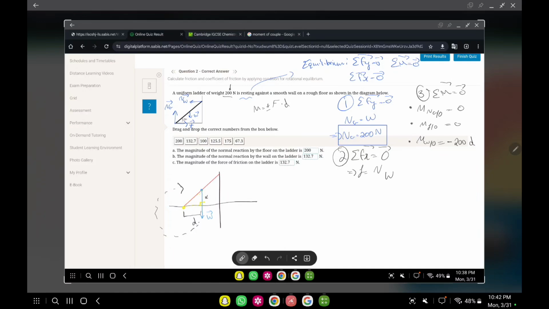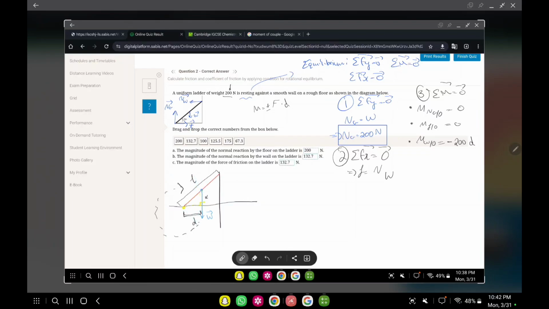Now they didn't give us anything about the lengths. So it's not correct for you to call this here L. Since we're working with a ladder, if they don't give you a distance, you just call the length of whatever you're working with L. You need to figure out what D is, right?